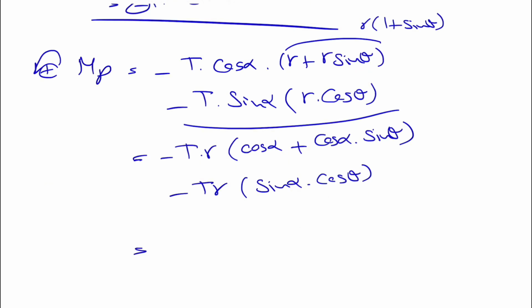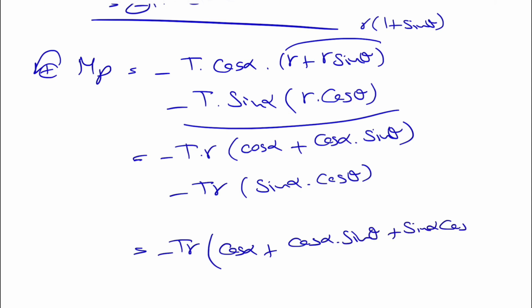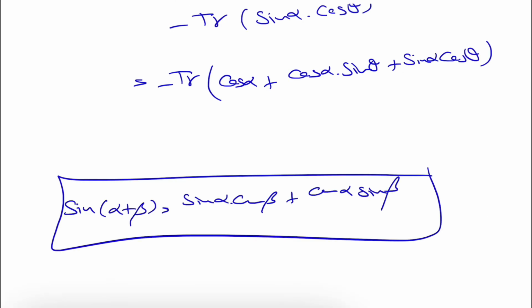Now we can factor minus TR in these two, so we have cosine of alpha plus cosine of alpha sine of theta plus sine of alpha cosine of theta. This part is a familiar expression, the sine addition formula in trigonometry, which is the formula that I have here.